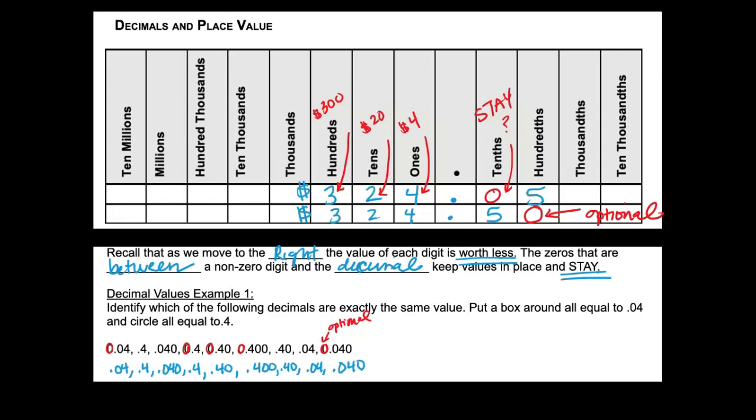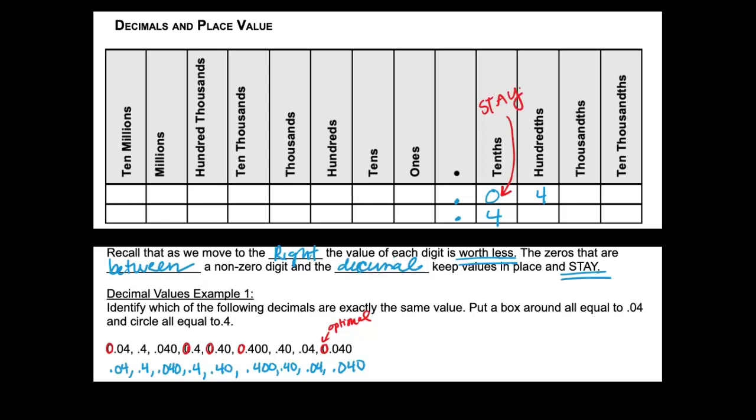Some of them have a zero at the end. First I'm going to look at the numbers 0.04 and 0.4 and compare those. Remember we said that if the zero is between a decimal and a digit, like it is in this first number, 0.04, this has to stay. This is not optional.